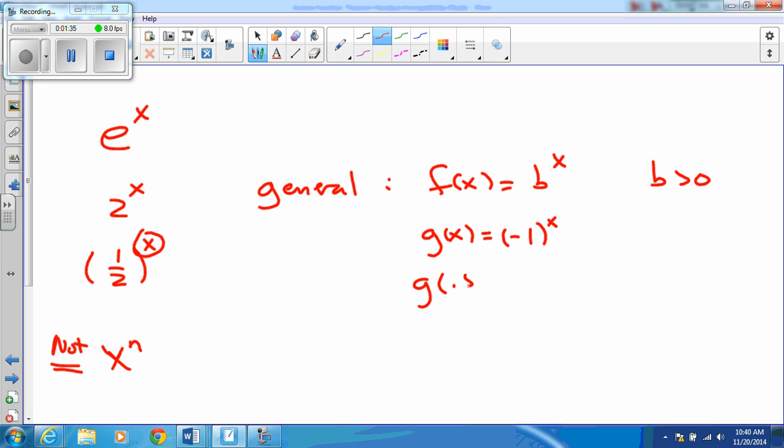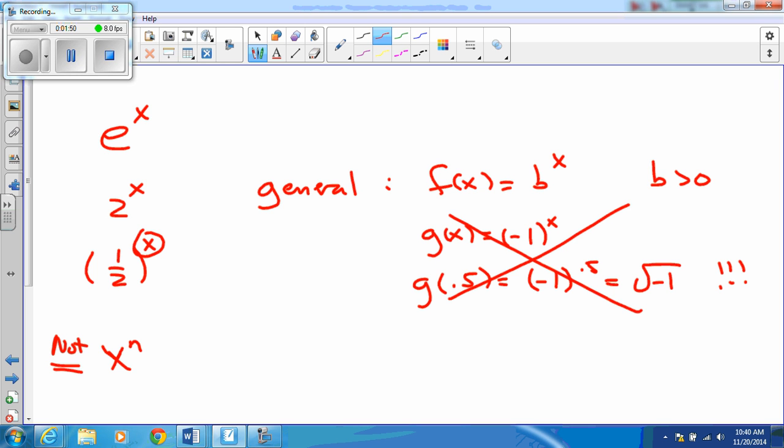For example, g of 0.5 would be -1 to the 0.5, which is the same as the square root of -1, which is not a real number. To avoid these unfortunate types of things, we exclude negative numbers from our bases.